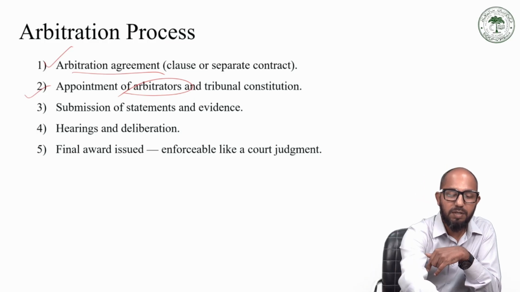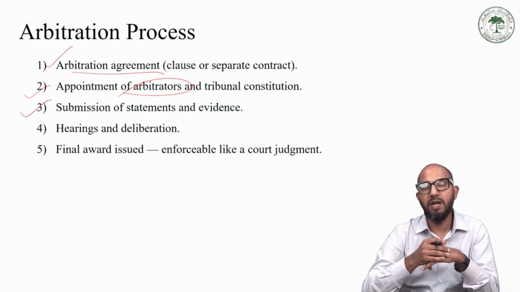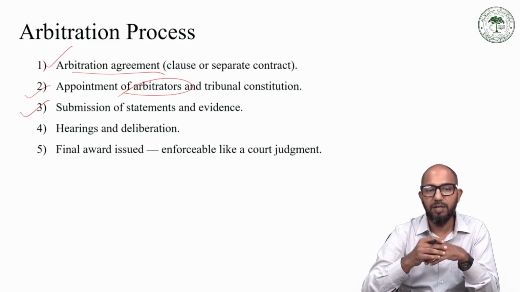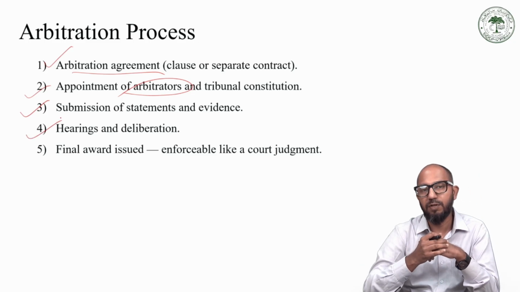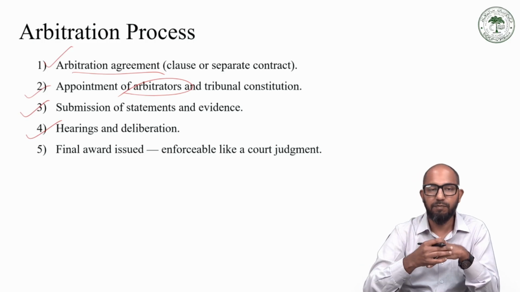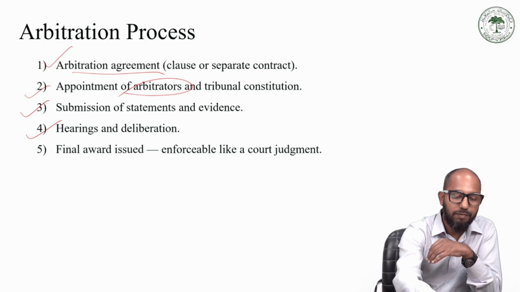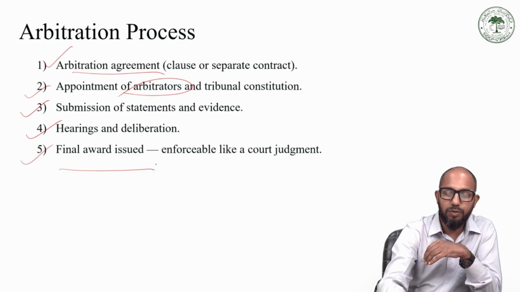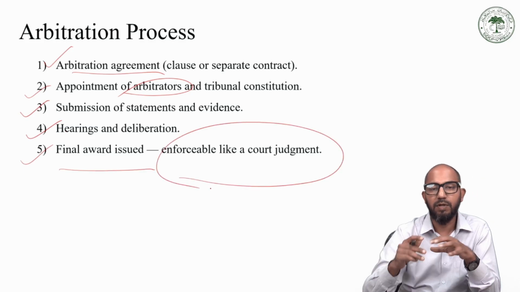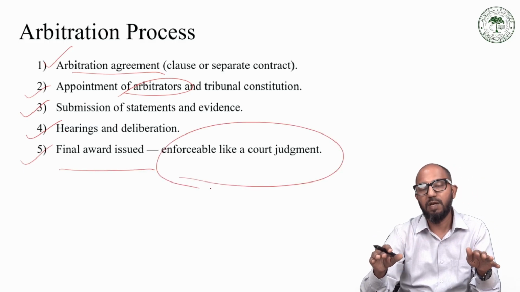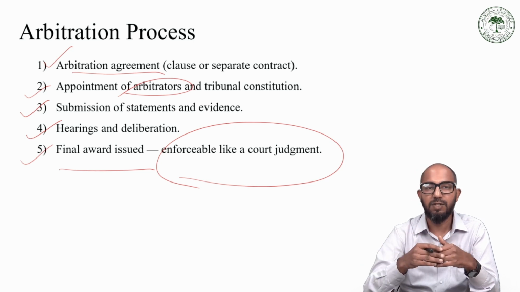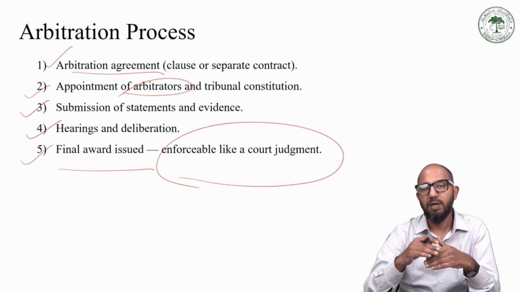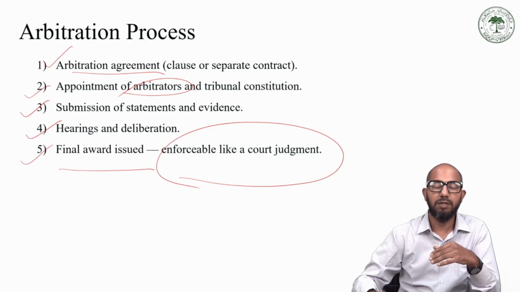The third is submission of statements and evidence by both the parties. After that, hearings and deliberation happen in the tribunals, where both the parties present their perspective of the problem and dispute, and after that the final award is issued, where the decision of the court is enforced. Either both the parties are given some relaxation or one party gets a preferred decision over the other.